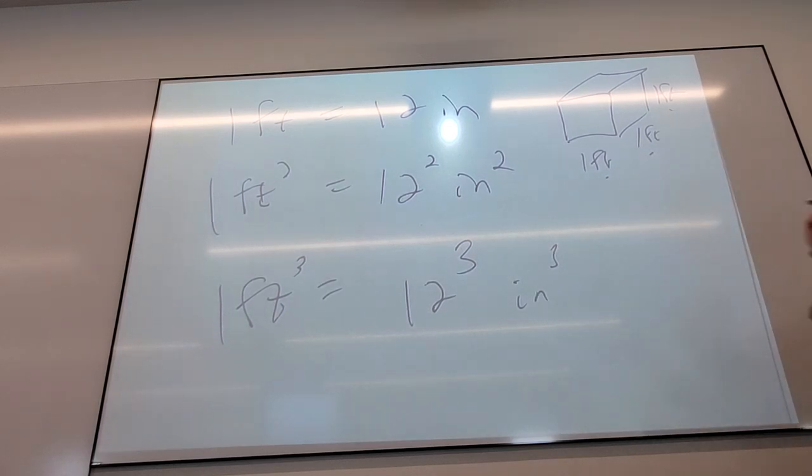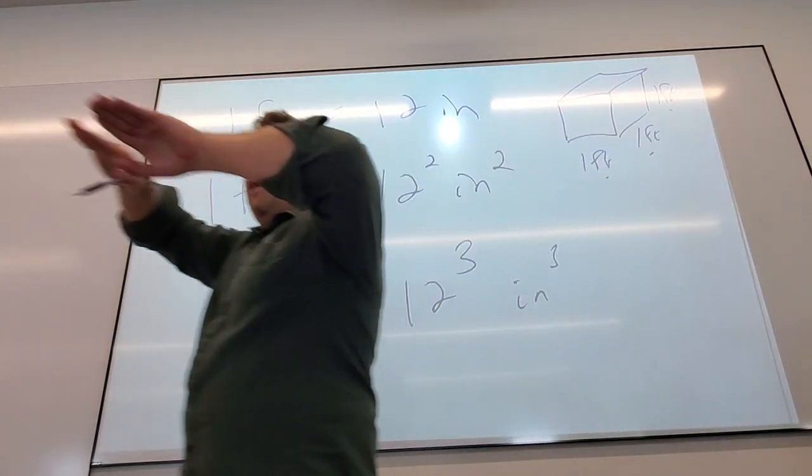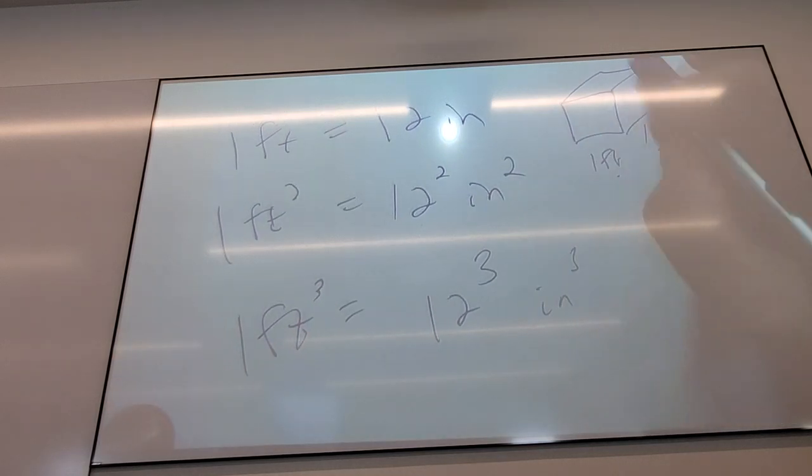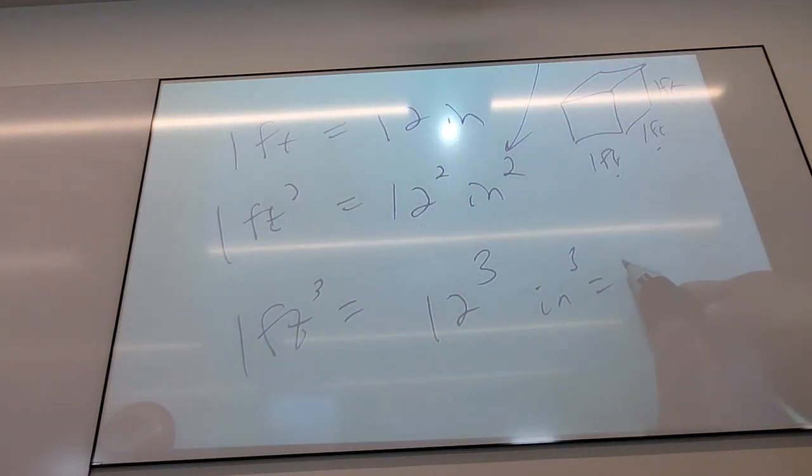So if you know the length conversion, you just have to square or cube to know the area and the volume conversions. By the way, so this will be 144. This will be, I think, 1728.